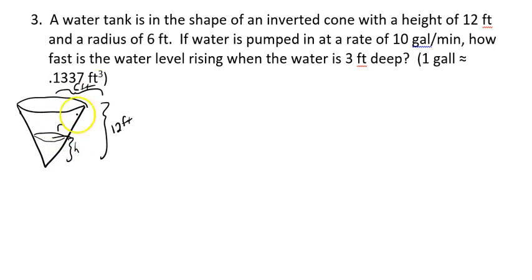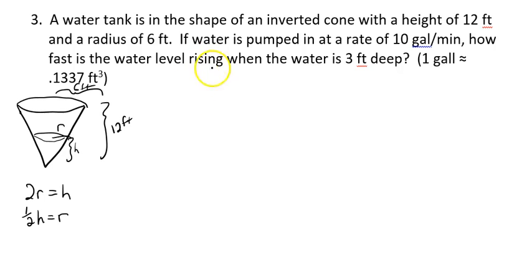But these are similar figures, so the relationship is going to be the same. So here the radius is 6, the height is 12. So 2 times the radius equals the height. So no matter at what point the water is, 2 times this radius will always equal this height of that water. I could also write that as half of the height equals the radius. And so I usually write both and then decide which one I need later.